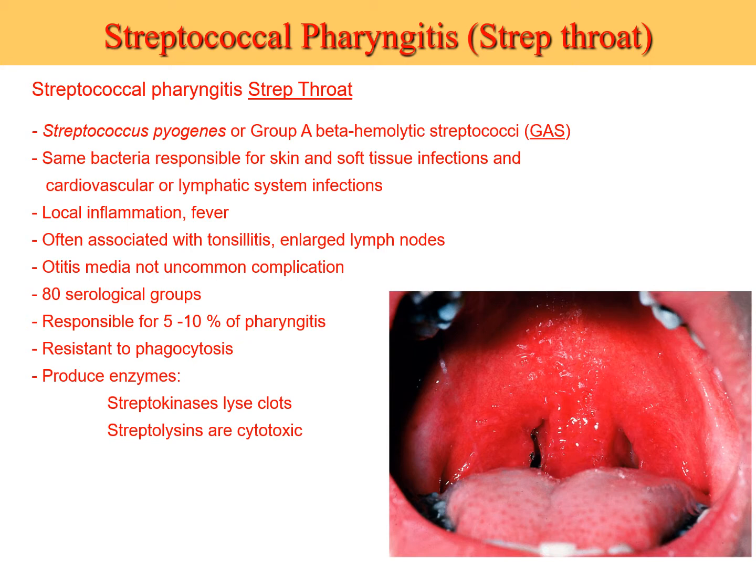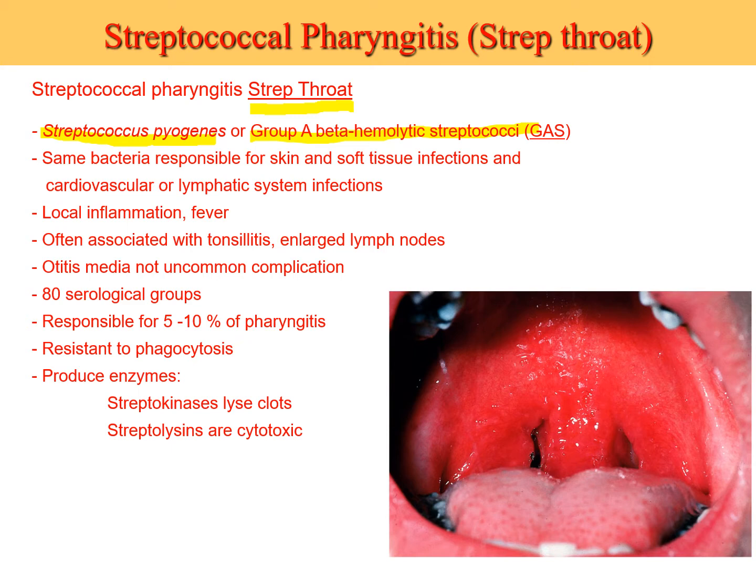let's look at some of these. Strep throat or streptococcal pharyngitis caused by Streptococcus pyogenes or GAS organisms is actually quite serious, particularly because it can progress to even more serious infections.